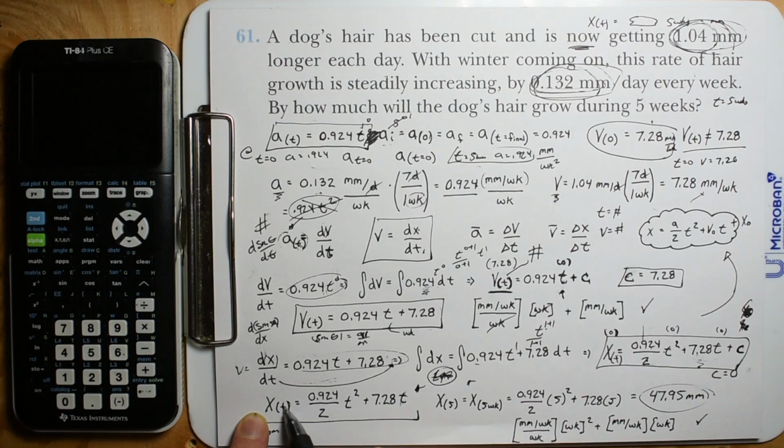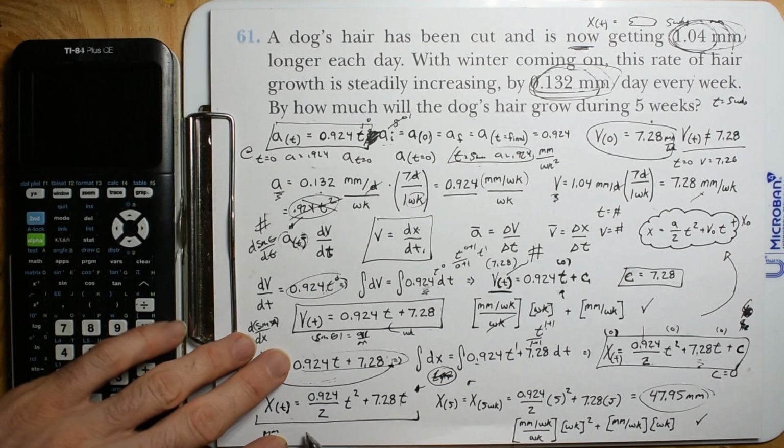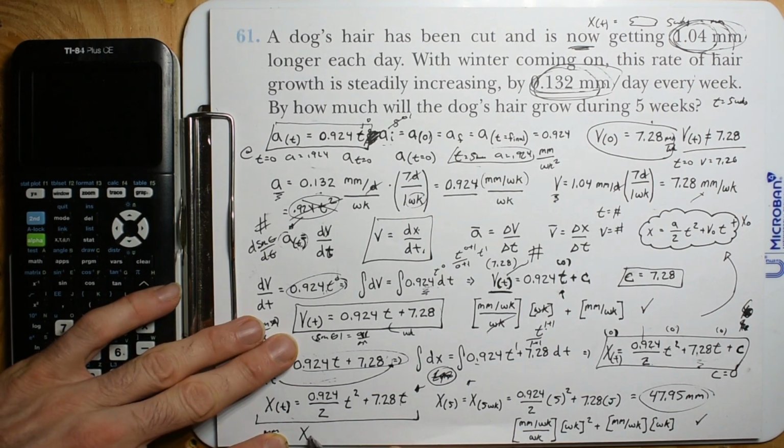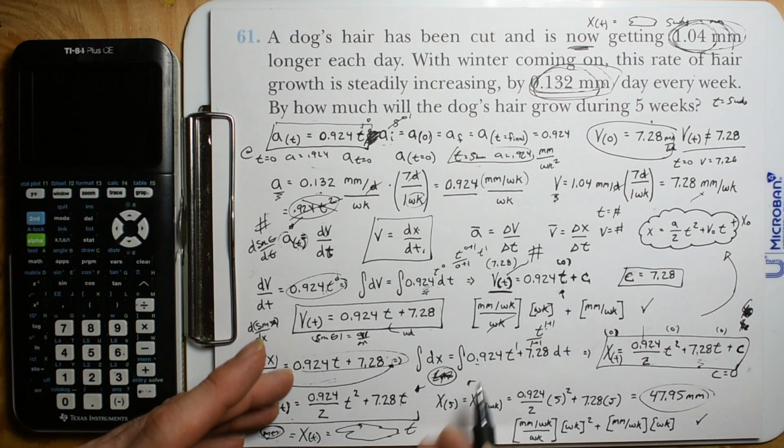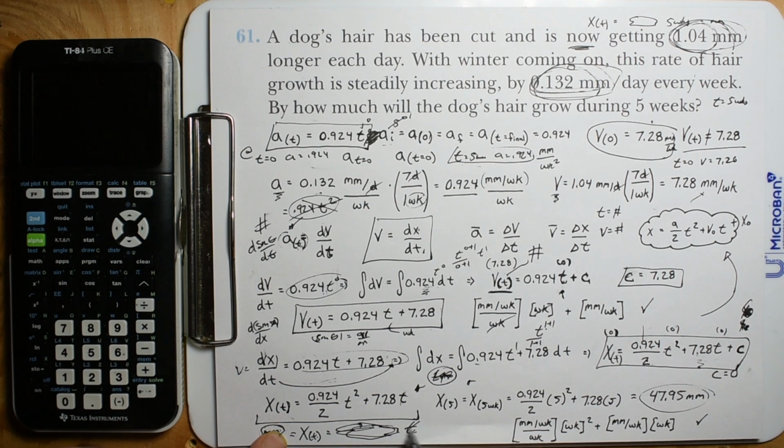It's always good to do this bracket and put in the time, because this is saying we have a position as a function of time. What that means is we have a lot of stuff going on, and then time, but it's going to pop out a position in millimeters. So that's the general form of an equation: something, something, time, and typically nothing else.